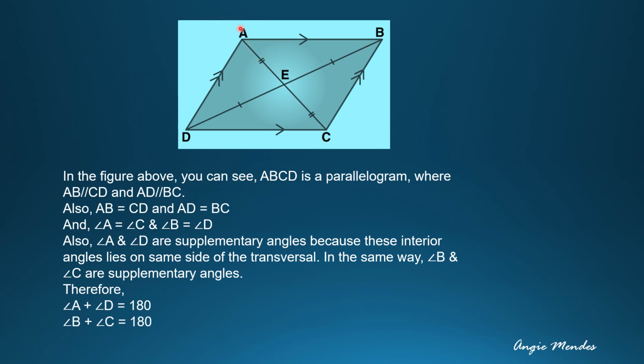We have transversal AC. Now if you notice, there are similar markings done on this transversal. We have transversal AC which is divided in AE and EC. So the length of AE is going to be equal to EC. In the same way, BD is the transversal and BE is going to be equal to ED.